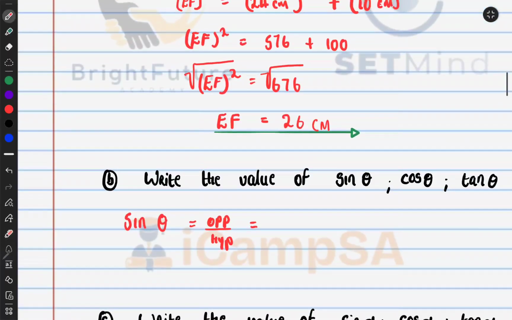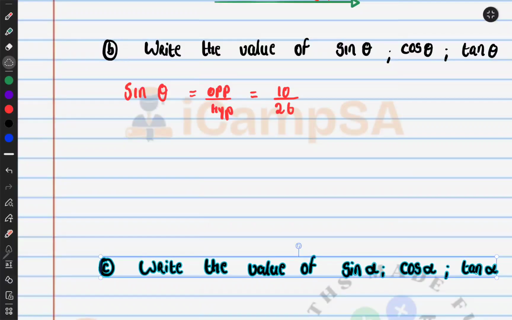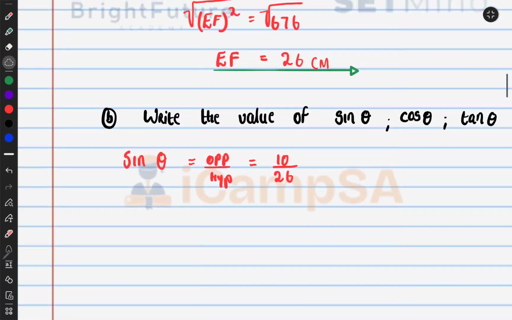So we're going to have 10 over 26. What is 10 over 26 simplified? I think it's going to be 5 over 13.